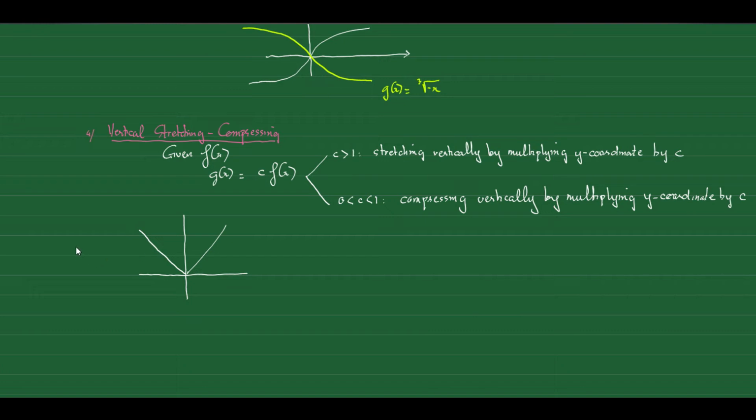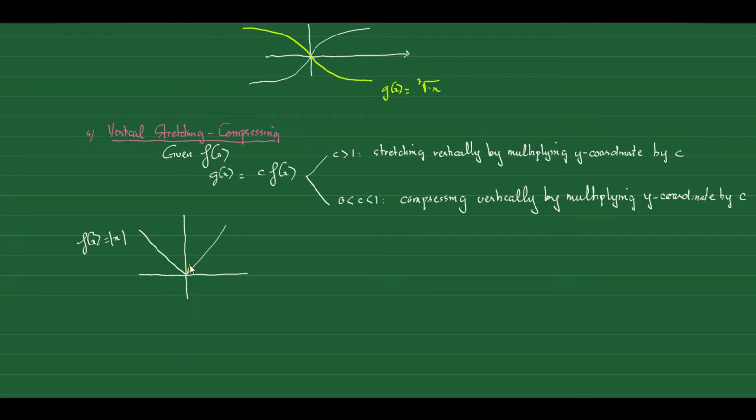This is f of x equal to absolute of x. Now I'm gonna multiply the c value. In this case, c is greater than 1, then it could be stretched vertically.